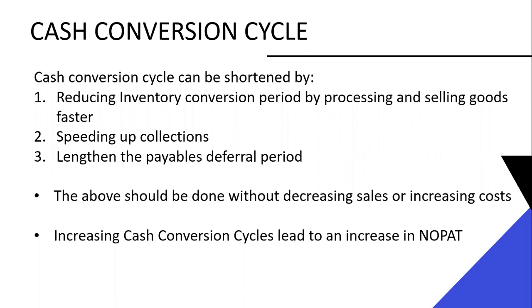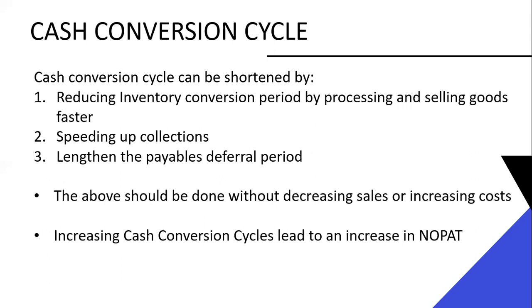Something to mention here is that a lot of companies are also moving towards just in time because they want to reduce the amount of inventory and the inventory conversion period. And please remember that when you have a lot of inventory, that's basically your company having its own cash stock. So the less time that you have inventories lying around in your company, the better.